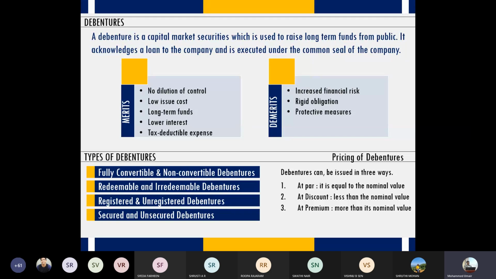This is purely dependent on the demand. If demand is high, issue at a premium; if demand is bad, give a discount. And if there is normal demand, not extraordinary demand, then companies generally go for par value, right? Which is nothing but the normal value of debentures.